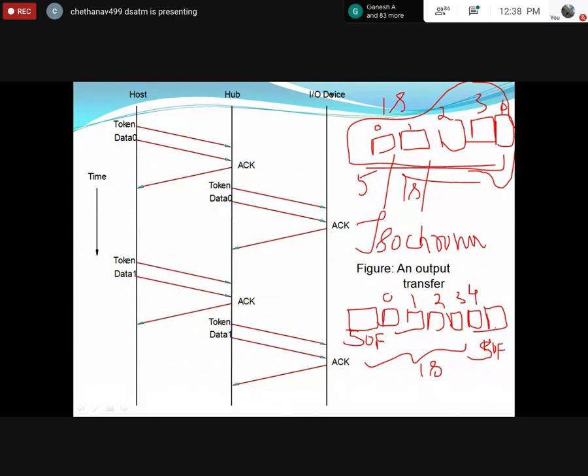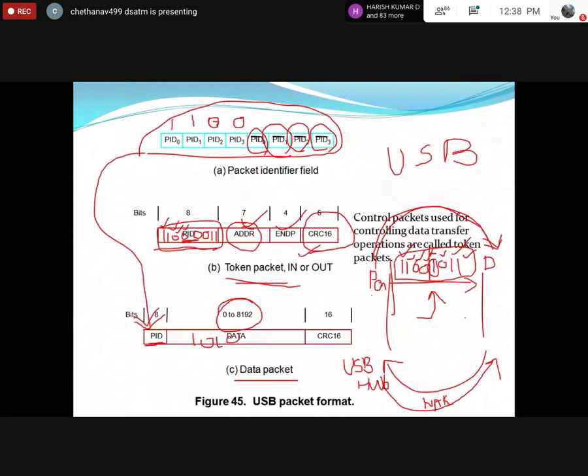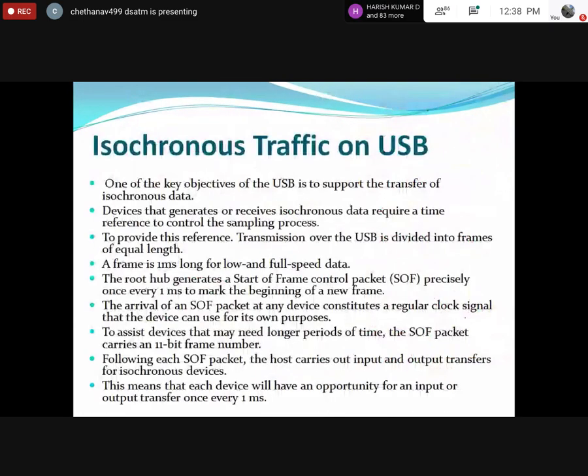Again SOF means initializing again with some other 5 data packets. Like that, you can send consecutive packets of data. That consecutive packets of data is known as isochronous. That means consecutively, I'm going to send n number of data packets. That is what USB supports: the transfer of isochronous data.